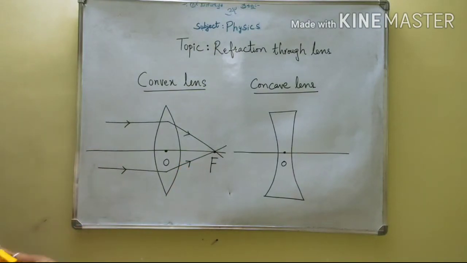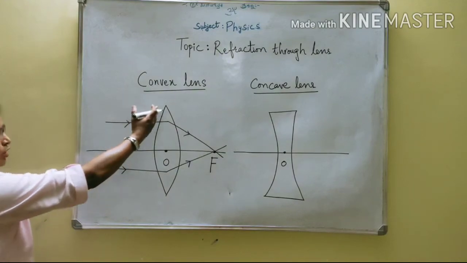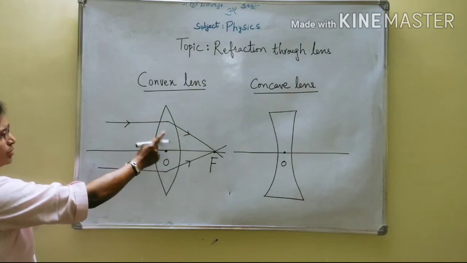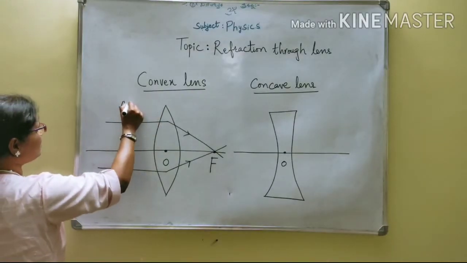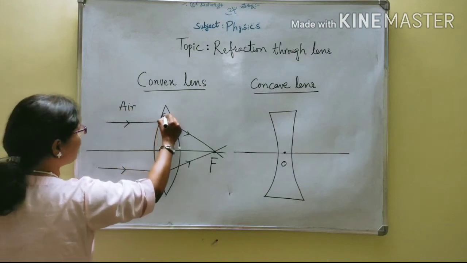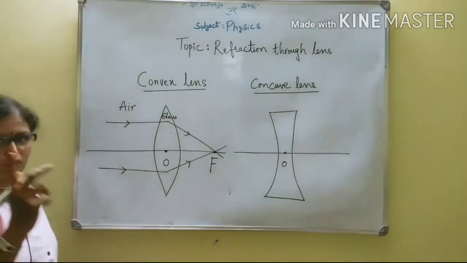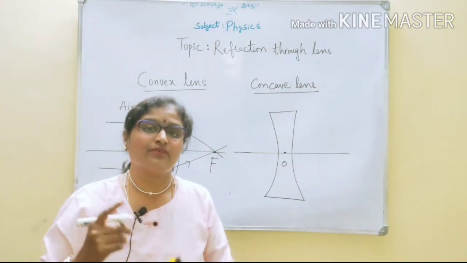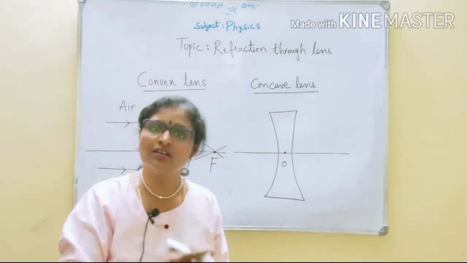So it is very clear from this diagram, the incident rays fall on the convex lens and after refraction, these incident rays are getting refracted since the medium is different. Here the medium is air and the lens is made up of glass. Earlier we have studied that a ray of light, when it passes from one transparent medium to another transparent medium, will undergo refraction.